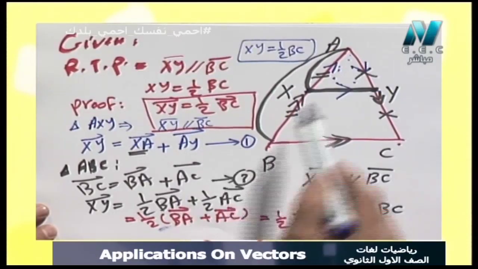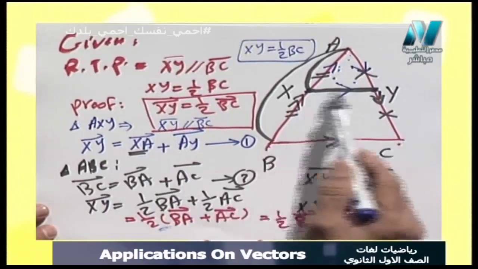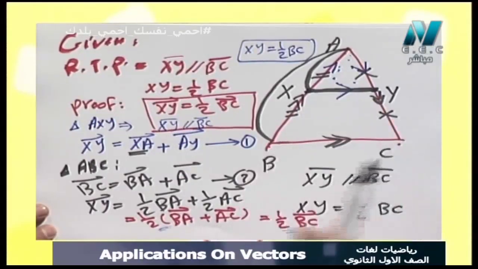Okay, so XY is parallel to BC, and XY as a length equals half BC.